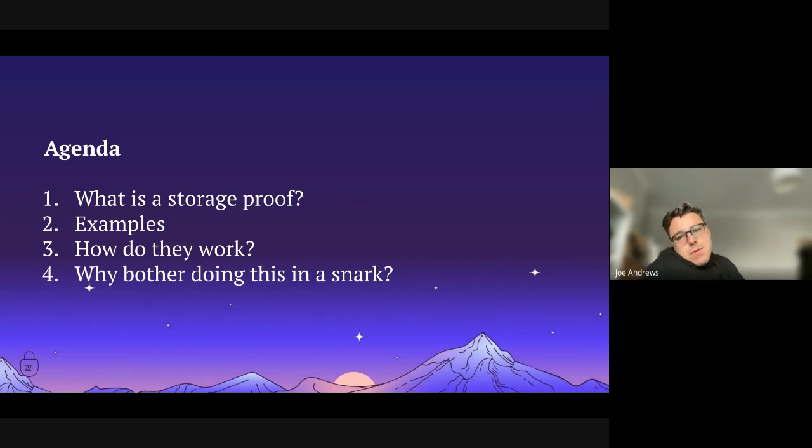And maybe then some talk on why we would want to do this in a ZK-SNARK, some of the benefits compared to normal storage proofs, and if we have time, a quick demo of this working end-to-end and the missing pieces to get this working in a browser.